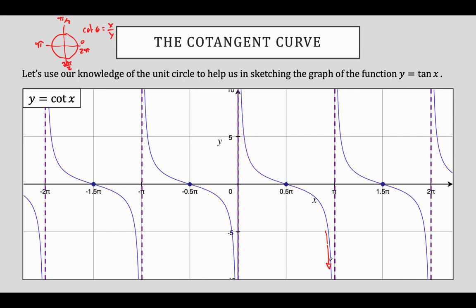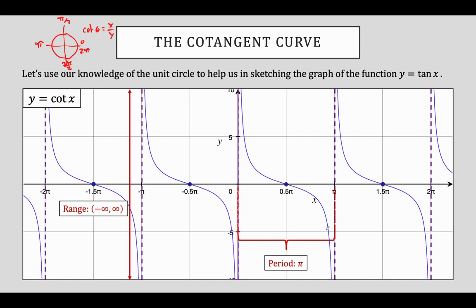All right. Boom. So let's now talk about our period. How long does it take for this function to repeat itself? Well, it repeats itself every pi. The range of my cotangent function, all real numbers. Notice this goes up to positive infinity, down to negative infinity.